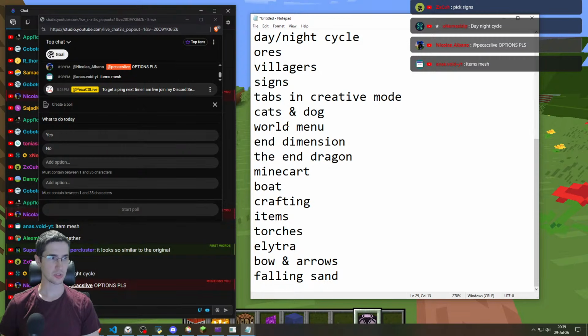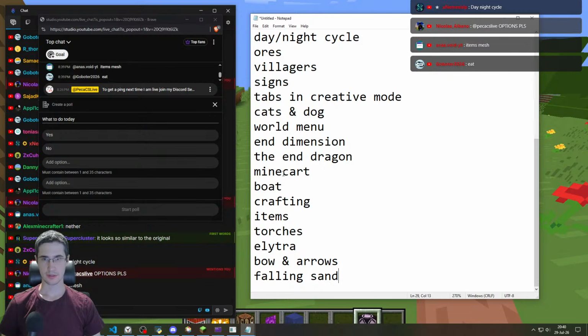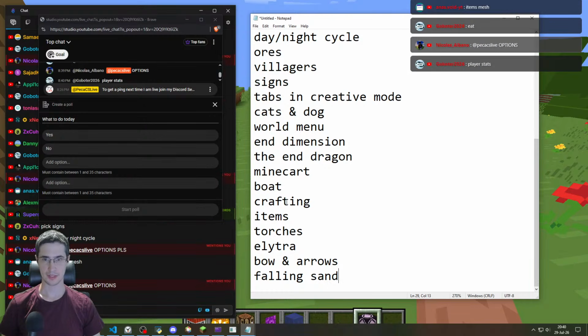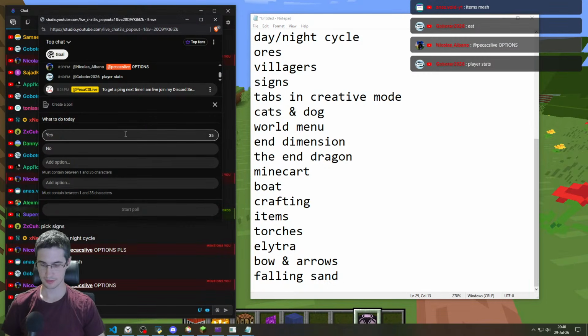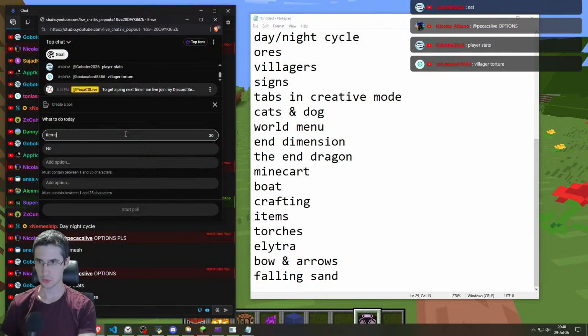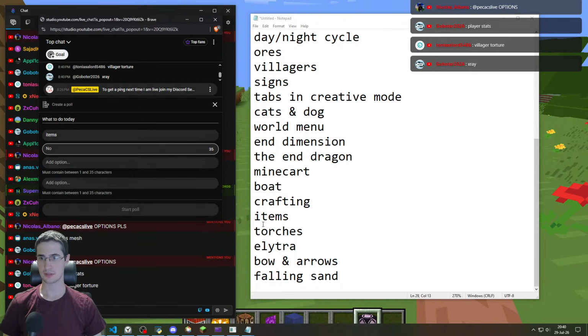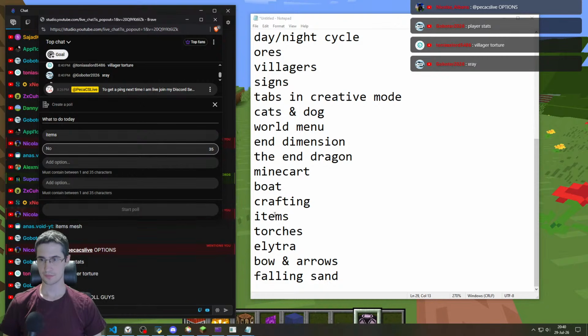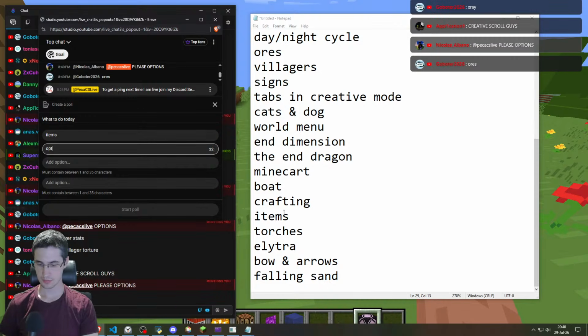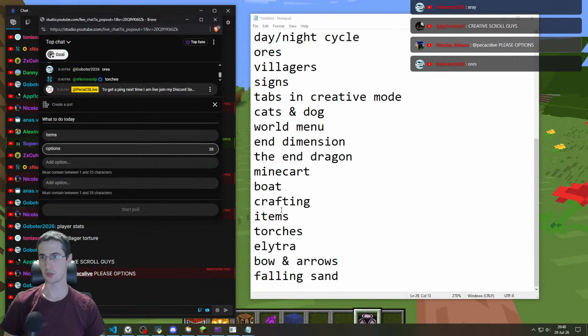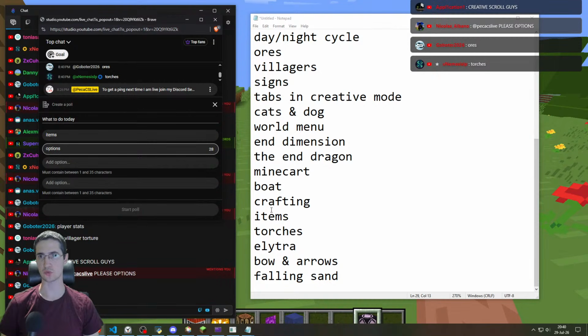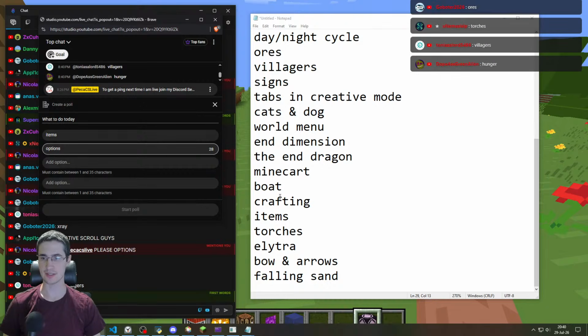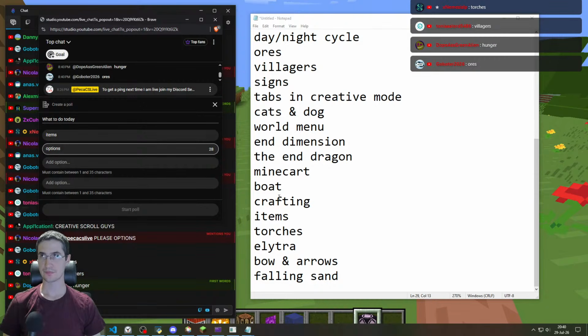Which option would be best? Crafting items. We can do items. We can do options. But what would we have in options? It would be just render distance and FOV as options.